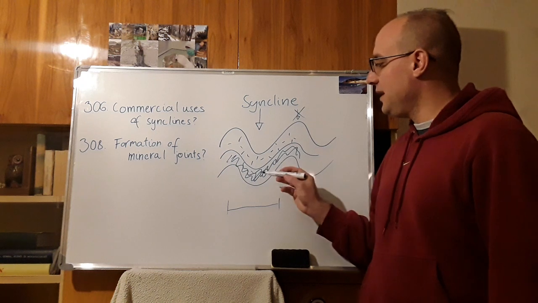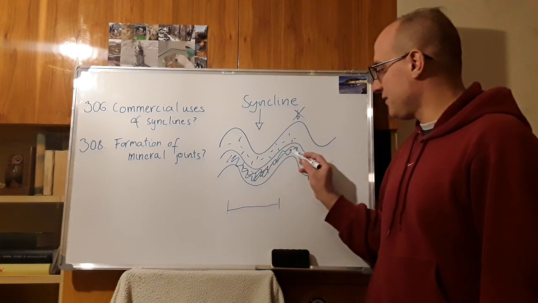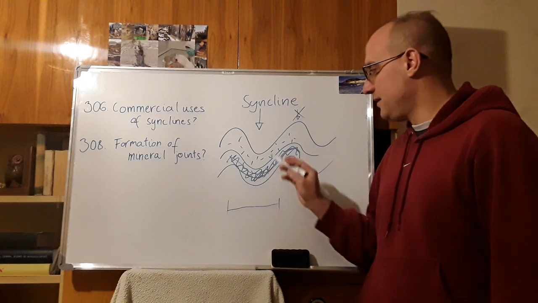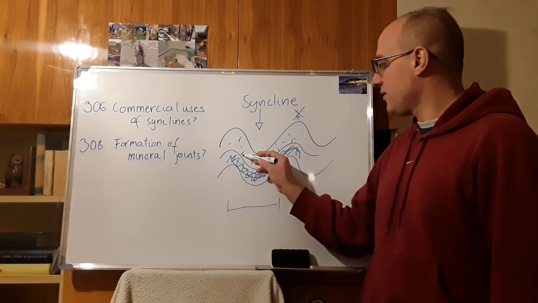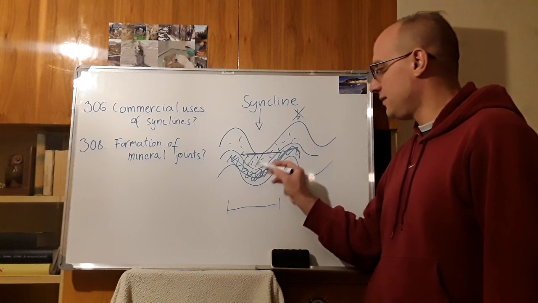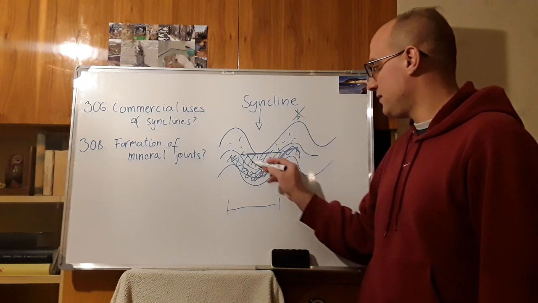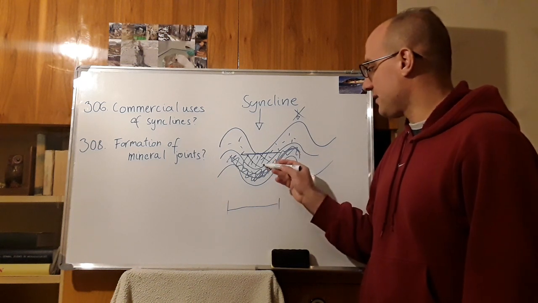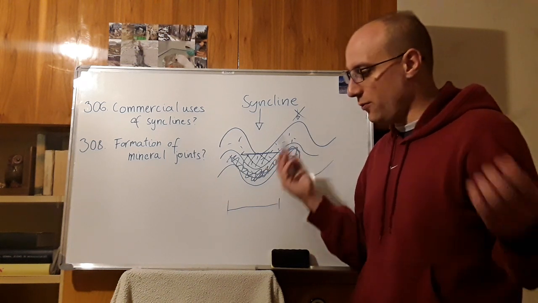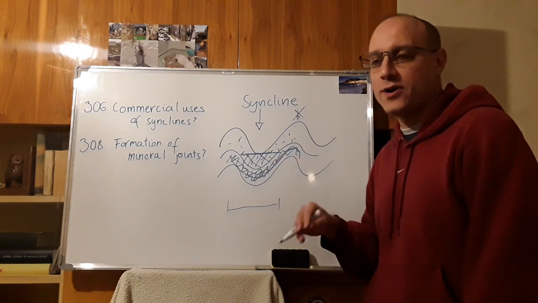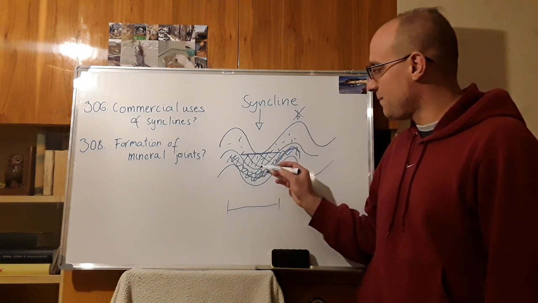Now what this will mean is that when we have this layer here that is water resistant, there can be, for example, water trapped in the layer above. And this can of course act as a source of water for commercial uses, so drinking water or irrigation or whatever.